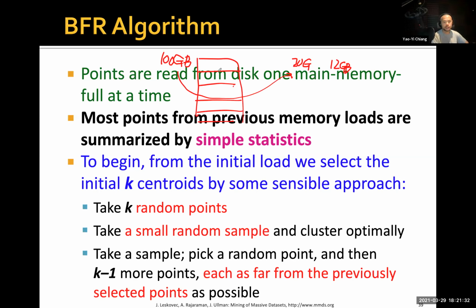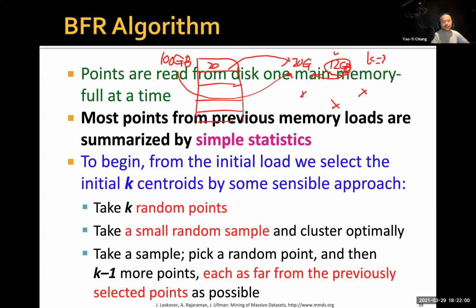Each of them is 20 gigabyte. First load, you read this into memory and you run k-means, your algorithm lives here. You run k-means on this 20 gigabyte and you might be able to generate, let's say k equal to 3, 3 centroid optimally if you have enough memory space, if 12 gigabyte is enough.